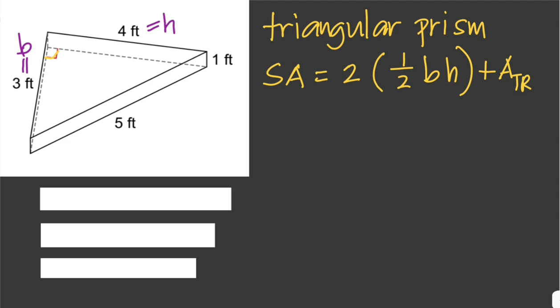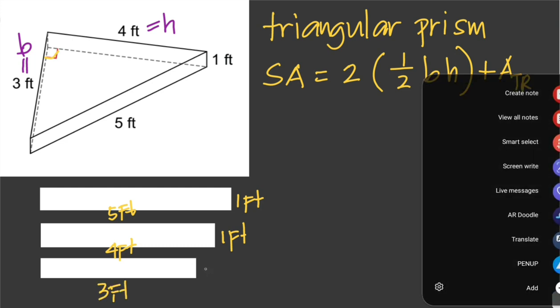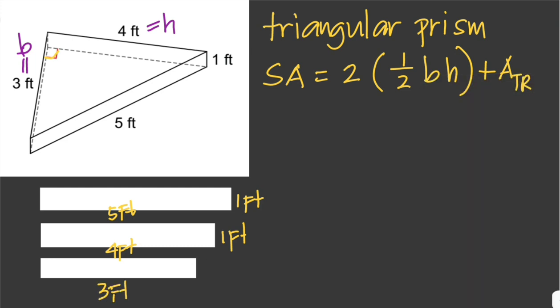And these are the 3 rectangles with dimensions: 5 feet long and 1 foot wide, the other one is 4 feet long and 1 foot wide, and the last one is 3 feet long and 1 foot wide. Then we can get the area of each and add them up.